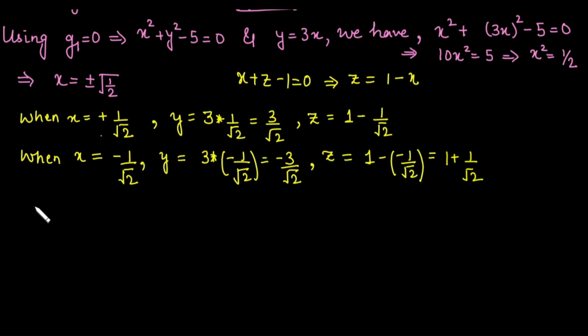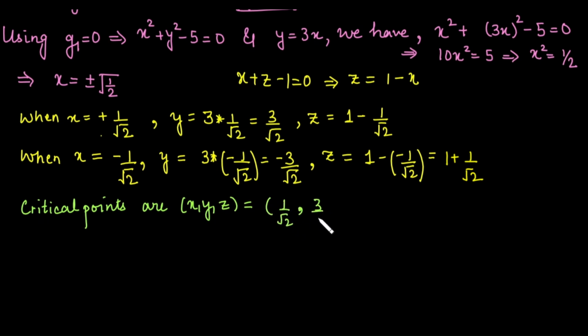It means total critical points in this case we are getting are 2, and the critical points are 1 by root 2, comma 3 by root 2, comma 1 minus 1 by root 2, and the second critical point is when x is equal to minus 1 by root 2, in that case the value of y is minus 3 by root 2, and the value of z is 1 plus 1 by root 2.